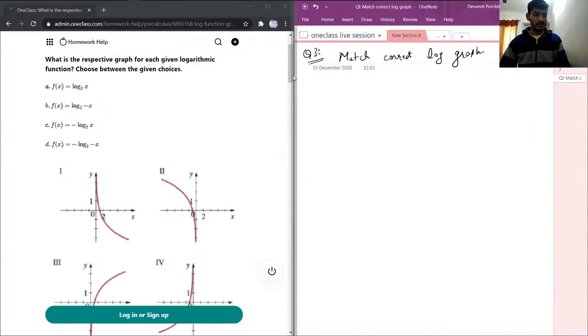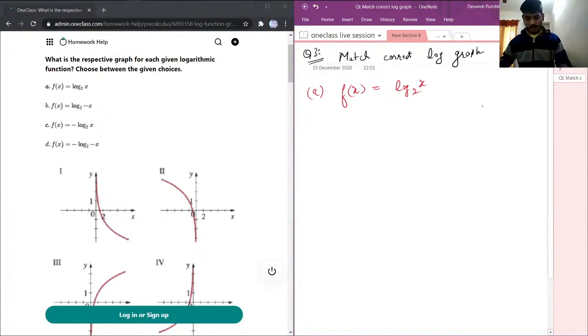Now first we'll start with A. In A we have been given f of x equal to log of x with base 2. For this question we'll be using a calculator because we don't know the value of log with base 2. I'll just use my calculator for this calculation.